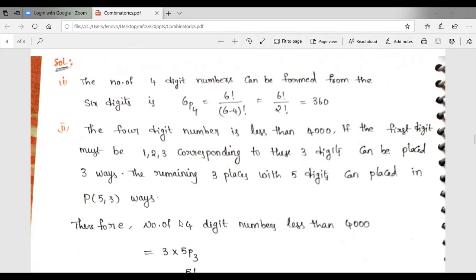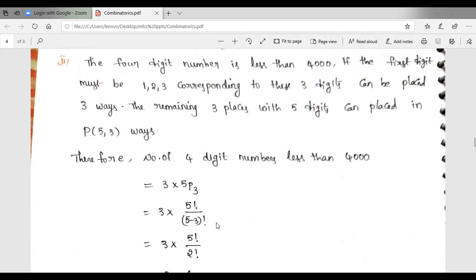Hence the required number is equal to the first digit's possible ways, 3, into the remaining 3 digits arranged in 5P3 using 5 digits. So 5P3 is 5 factorial by 5 minus 3 factorial, which is 5 factorial by 2 factorial. 5 factorial means 5 into 4 into 3 into 2 factorial.